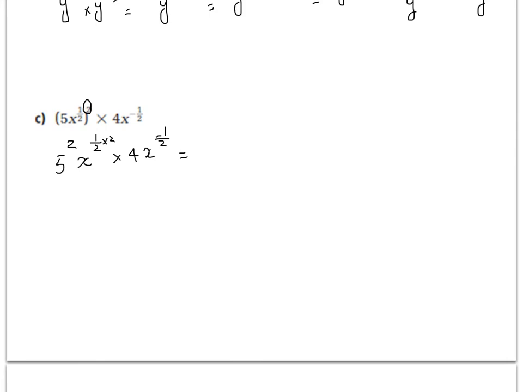Now 5 exponent 2 is 25. X exponent 1 over 2 times 2 cancels out, so it's going to be x times 4x exponent negative 1 over 2. Now 25 times 4 is 100, x exponent, and we can add the exponents, so 1 minus 1 over 2, so it's 100 x exponent 1 over 2.